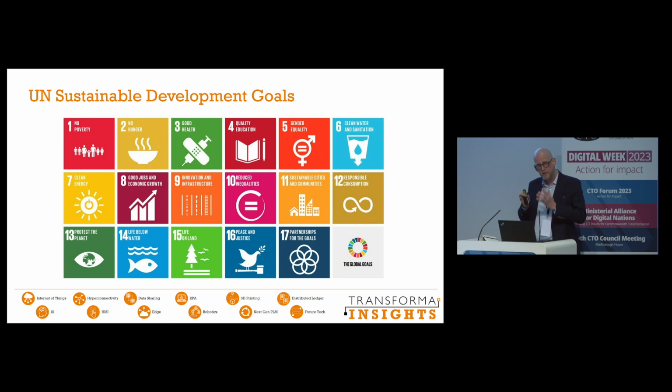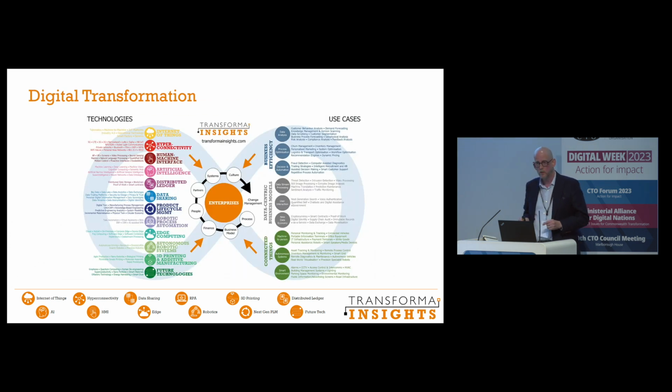And within the research that we've been doing, we looked at all of these technology areas that we look at, which are highlighted on this chart, to understand, okay, well, if you were to implement each of these, make use of these technologies, then how might you then be achieving these Sustainable Development Goals? Let me explain this one a little bit.